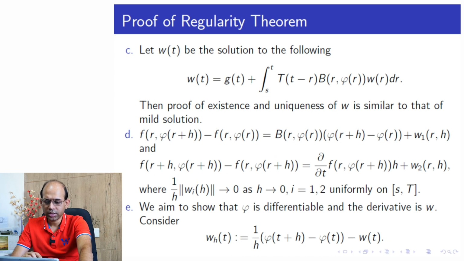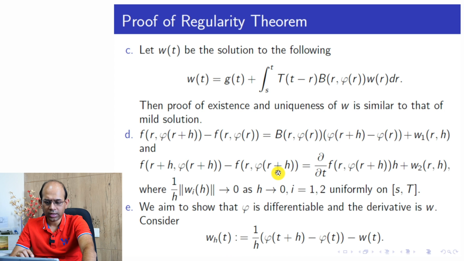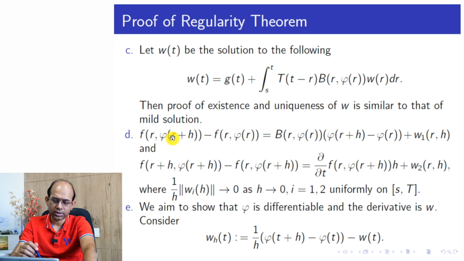So here you see f of r plus h phi r plus h minus fr phi r plus h, and then fr phi r plus h minus fr phi r. If you add these two terms, what we get is f of r plus h phi r plus h minus fr phi r, which is equal to the sum of these, correct? Because these two cancel.